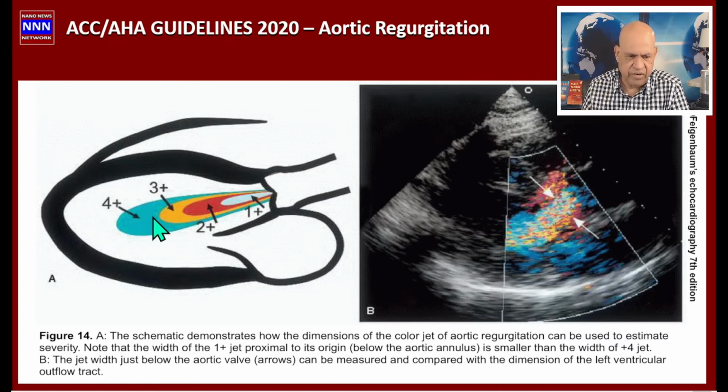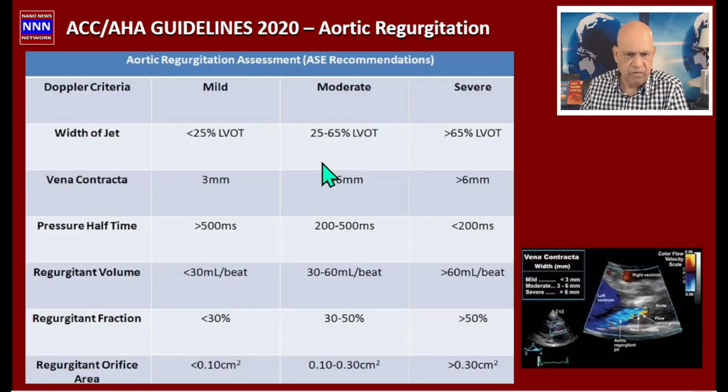So this is a diagrammatic representation combined with vena contracta, and the length of this jet and the width of this jet will tell us whether we are dealing with mild, moderate, or severe aortic regurgitation. Now, putting all this information together, I talked about the jet. If the jet covers only 25% of the left ventricular outflow tract, that's what it means, then we're dealing with mild.